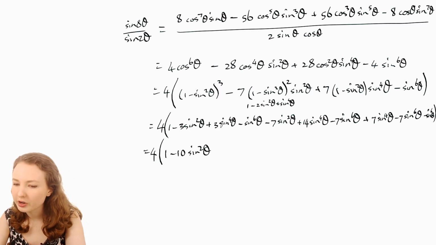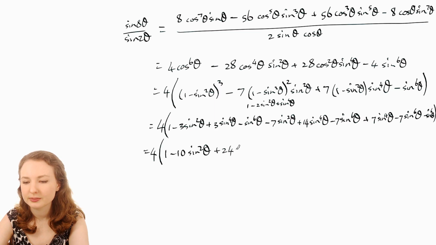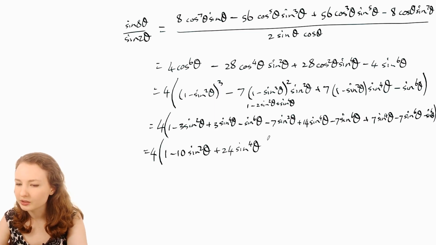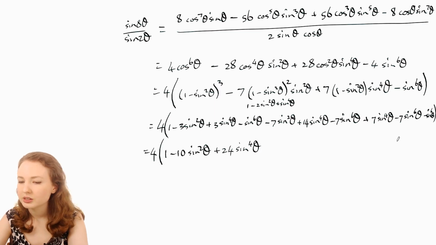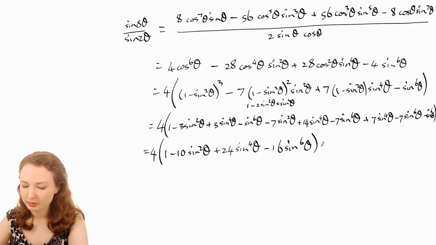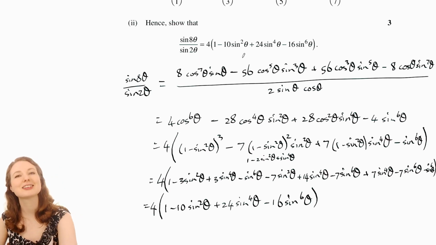Sine to the 4th, we've got a 3 and a 14 and a 7, so that makes 24. And then sine to the 6th, we've got -1, -7, -7, and another -1, so that's -16. And hopefully that was what we were trying to prove. Yes, okay, so that's it for that one.